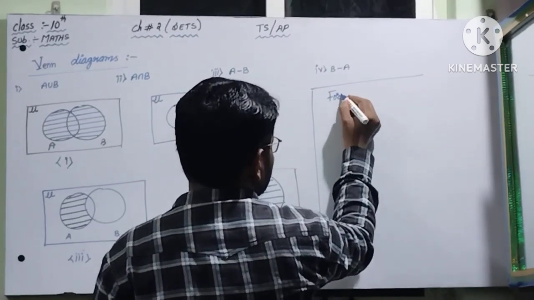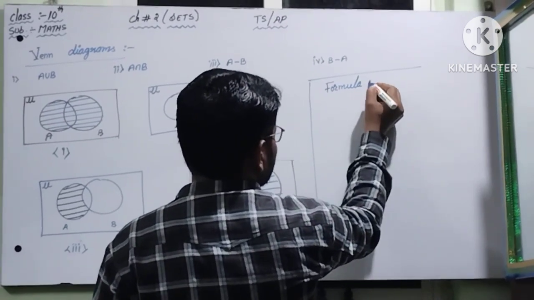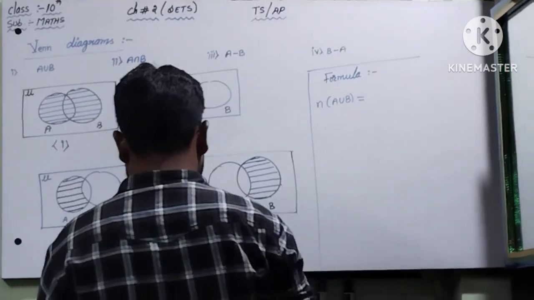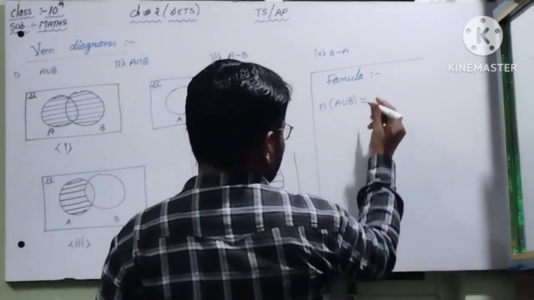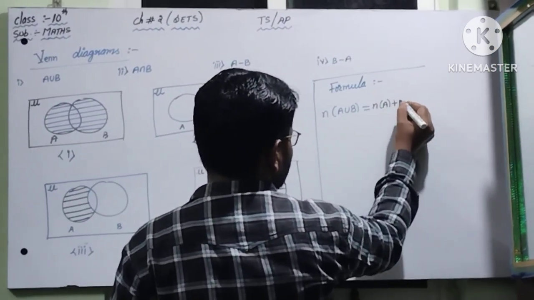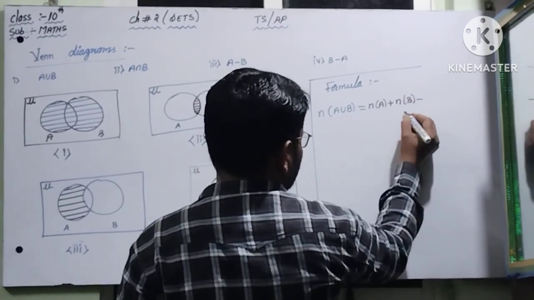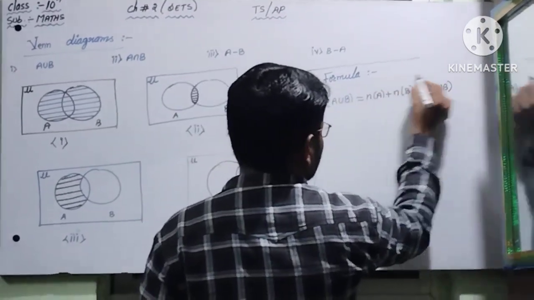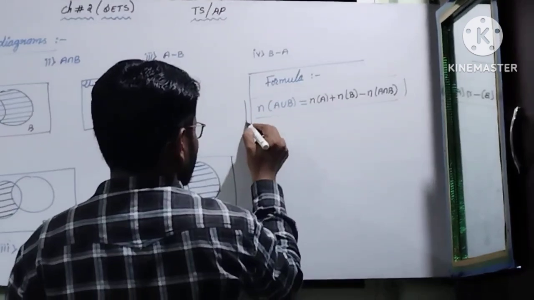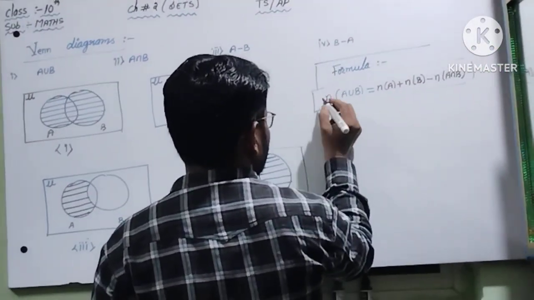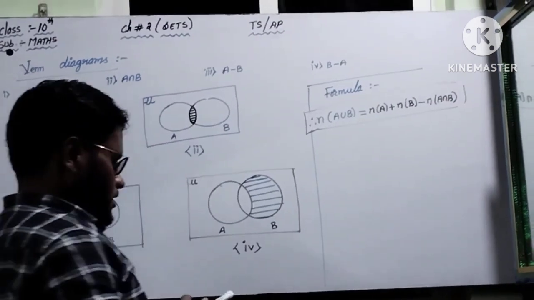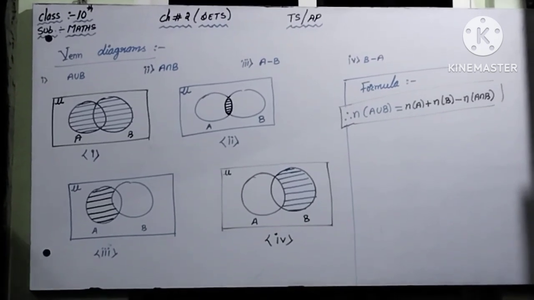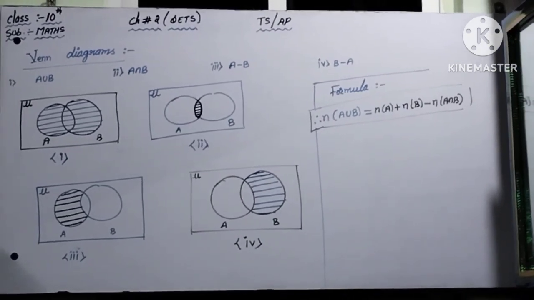The number of A union B is equal to the number of A plus the number of B minus the number of A intersection B. Okay, this is the introduction class of sets.